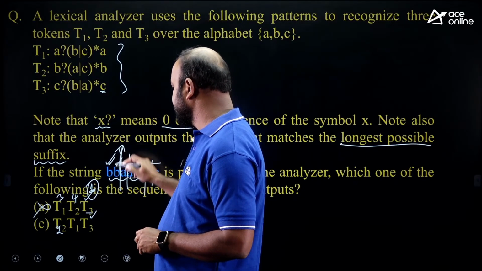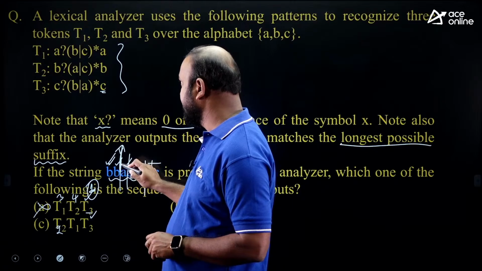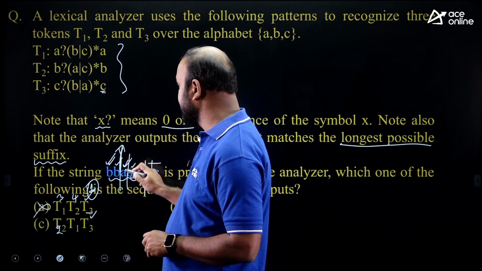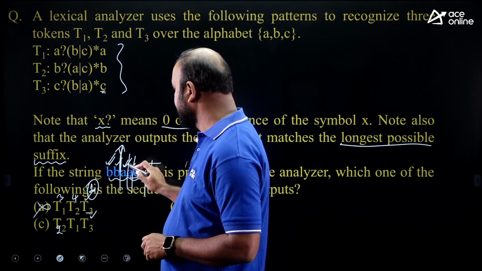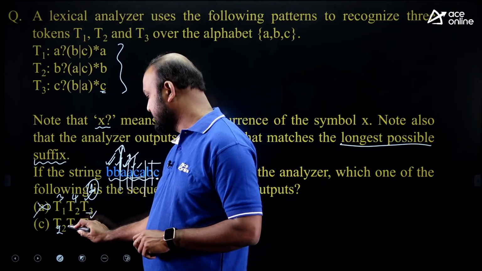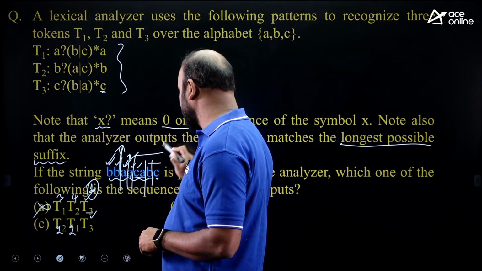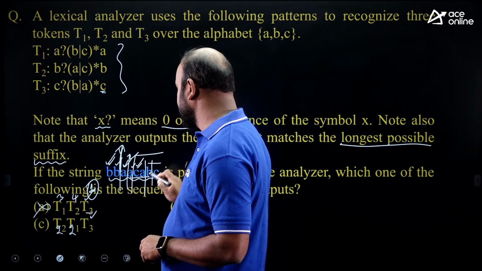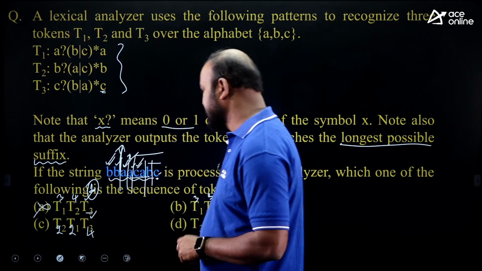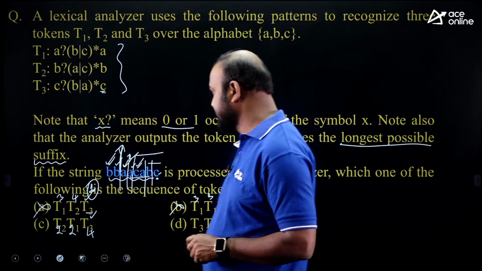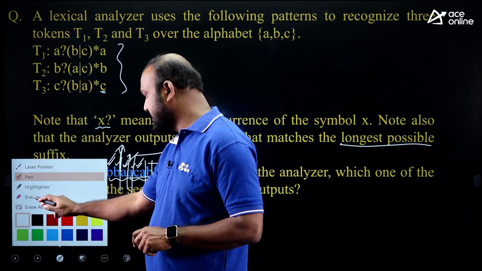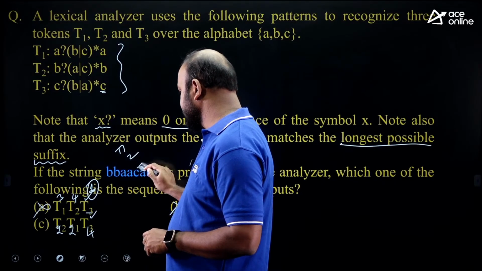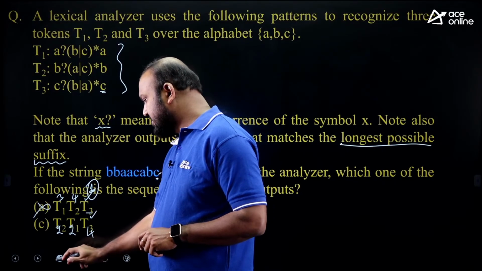Then token 1, after this: A question mark, A already there, (B|C) star, so neither B nor C, but it ends with A. Here it is of length 2. And token 3 from this onwards: C question mark, correct, (B|A) star, and C. Now the length is 4, so option B is incorrect, because option C has the longest possible suffix, 4.